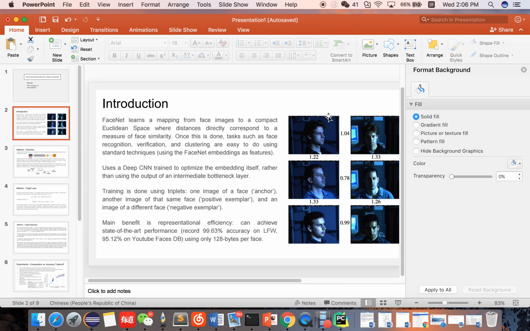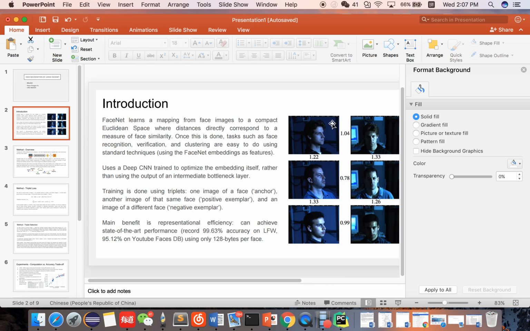You can see that on the right there are 6 pictures, and between 2 pictures there is a distance, such as 1.04, 0.78, 0.99. And if we want to distinguish whether those 2 pictures belong to the same person, we can set a threshold such as 1.1.